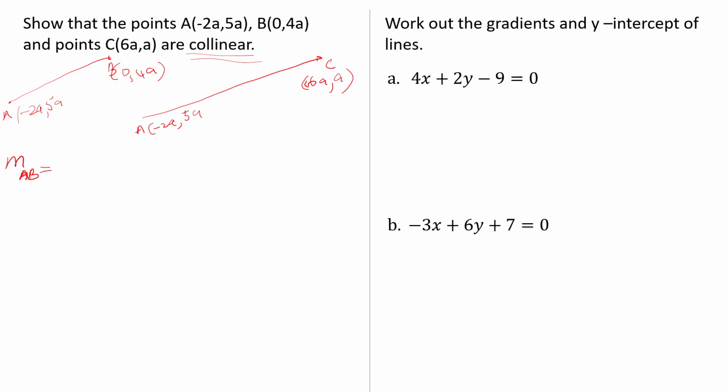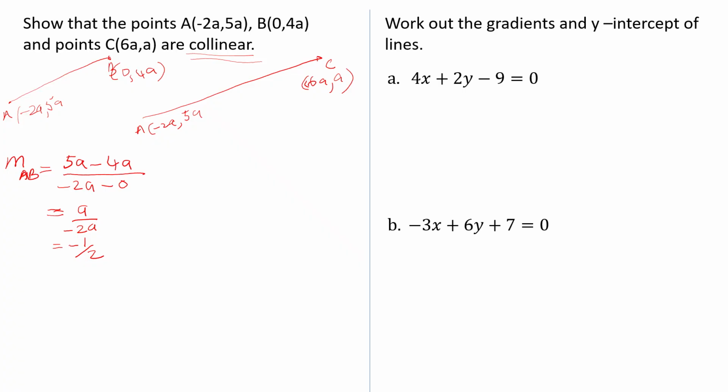So 5a minus 4a divided by minus 2a minus 0. So 5a minus 4a, a, divided by negative 2a. So this is negative half.